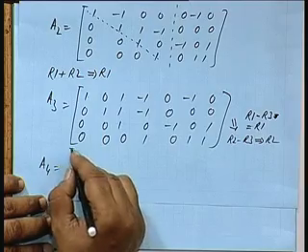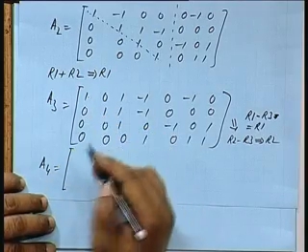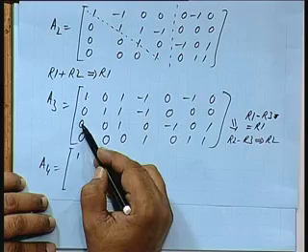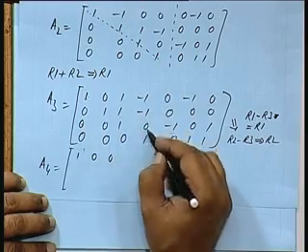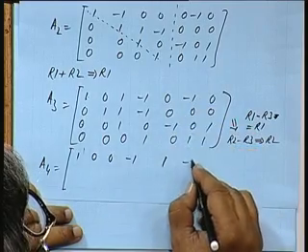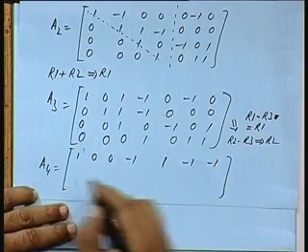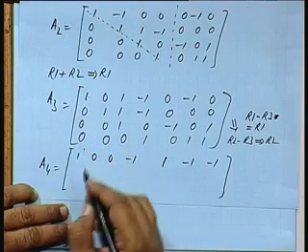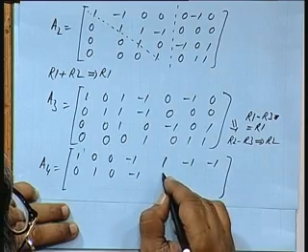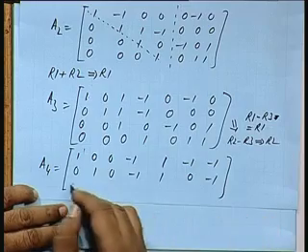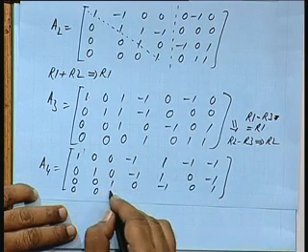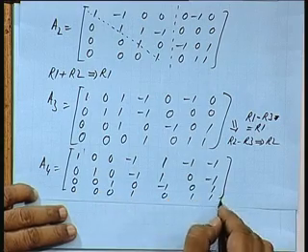A4 equals this minus this, it will be 1, 0 0, then minus 1, 1 minus 1 minus 1. Okay. Then R2 minus R3 will give me 0, 1, 0, minus 1, plus 1, 0, minus 1, then 0, 0, 1, 0, minus 1, 0, 1 and 0, 0, 0, 1, 0, 1, 1. Okay.